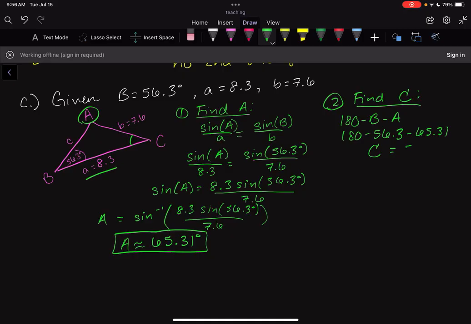And I get 58.39. And now I'm kind of a fan of using 2 decimal places. You can use 1 if you want. Just try to listen to the homework and do whatever it asks you to do.